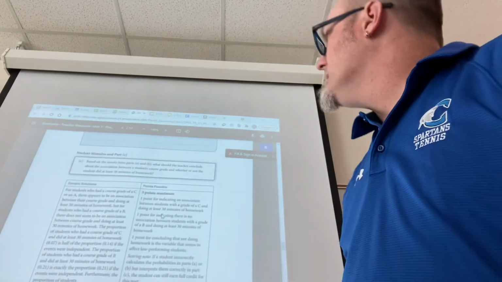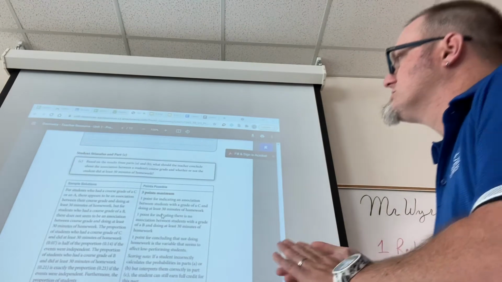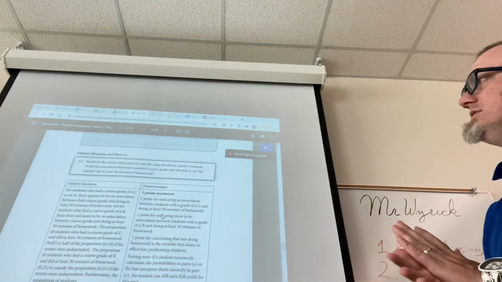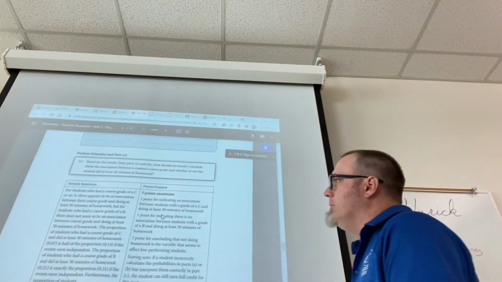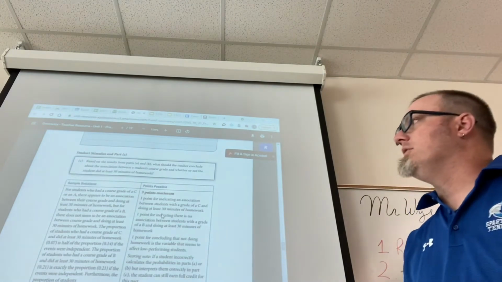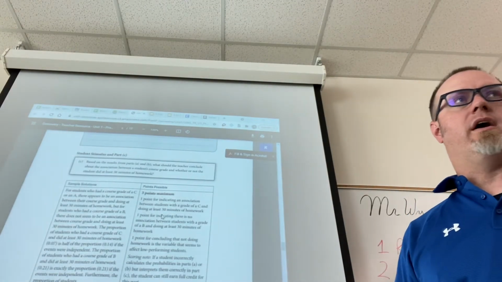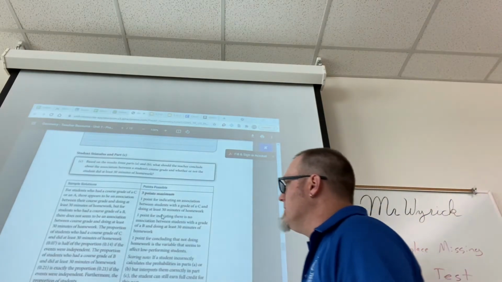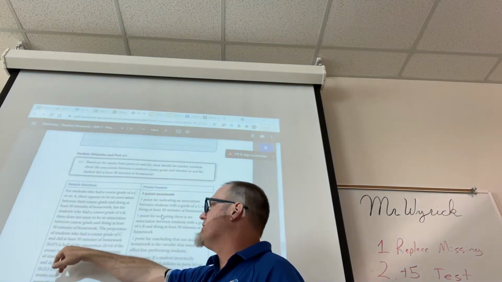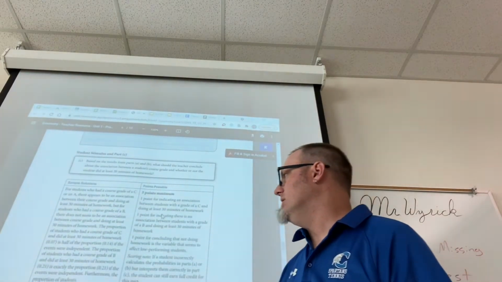Letter C. Based on the results from part A and B, what should the teacher conclude about the association between a student's course grade and whether or not the student did at least 30 minutes of homework? For the students who had a course grade of C or an A, there's a level of dependence there. The proportion of students who had a course grade of C and did 30 minutes of homework, 0.07, is half the proportion if they were independent.